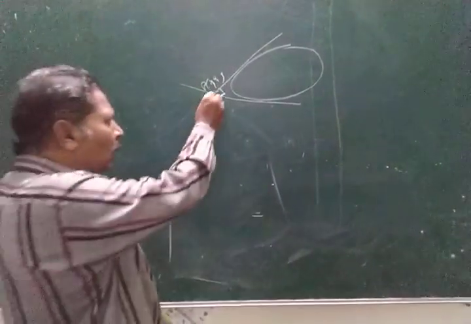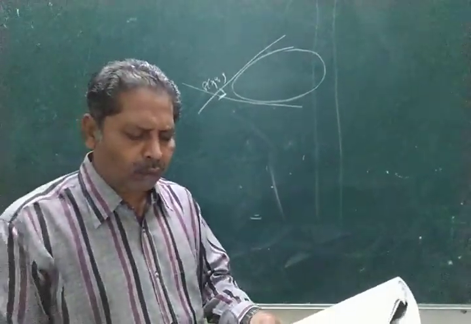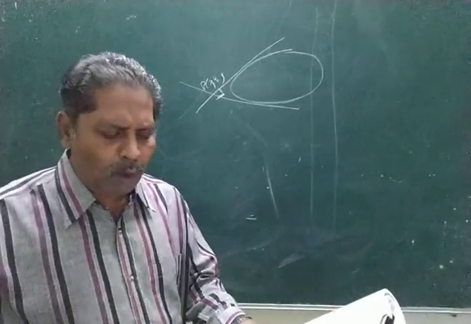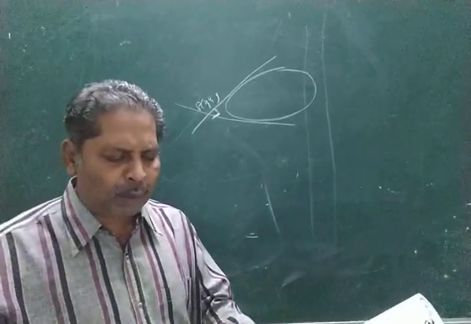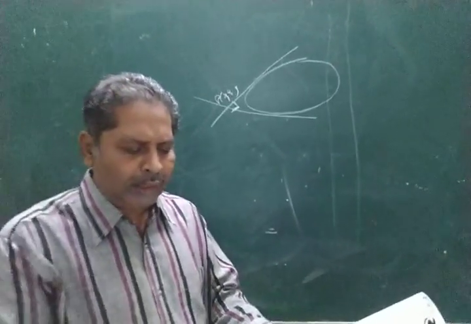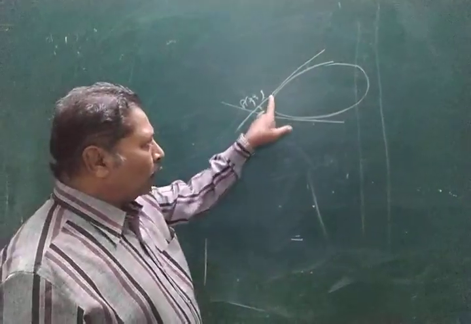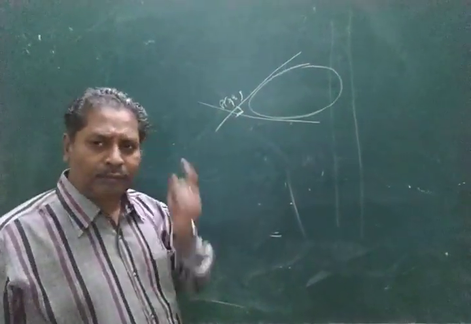The locus of the point of intersection of the perpendicular tangents lies on a circle. That is the question.